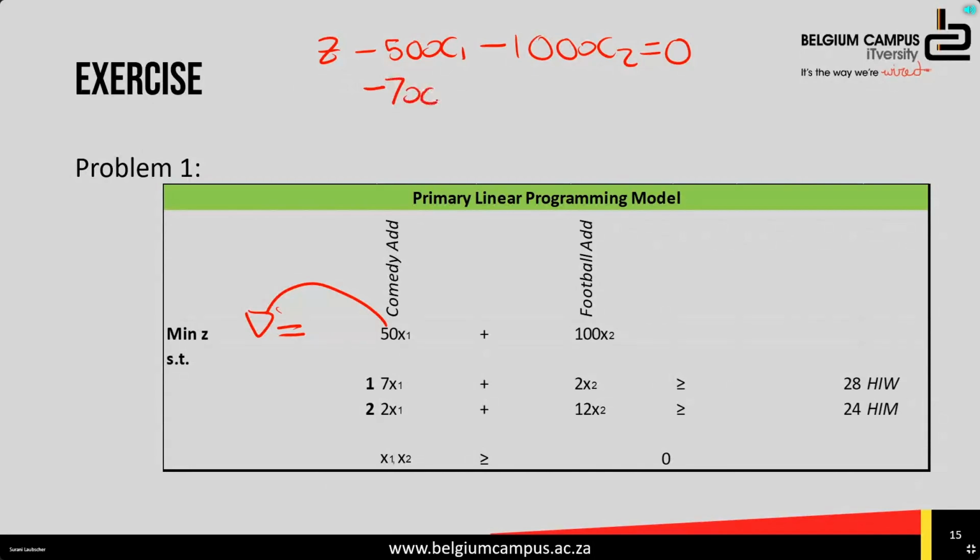Negative 7x1. Actually, we subtract our E1 here, so that's why it becomes negative. That will then be negative. The E will become? Yes.